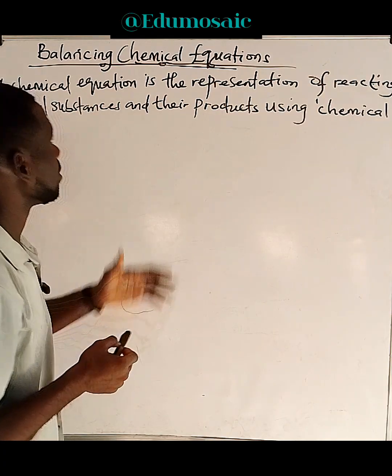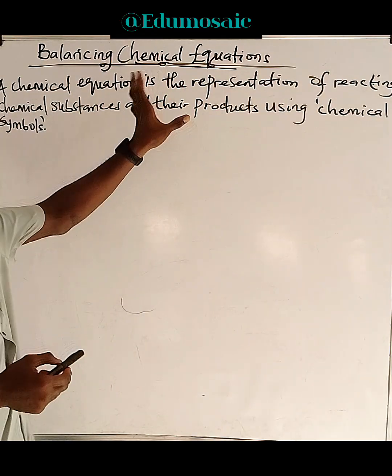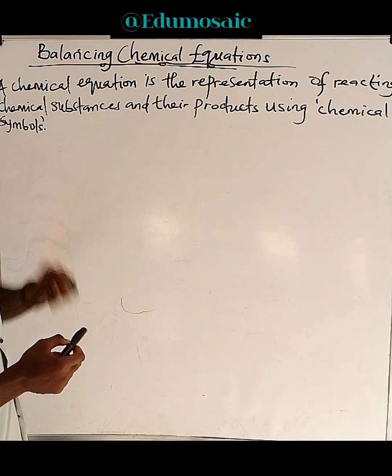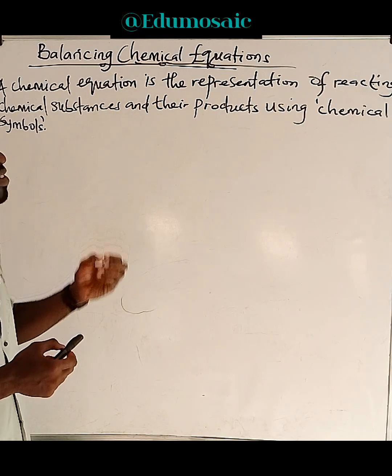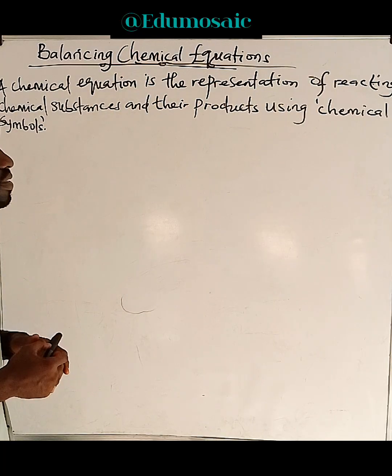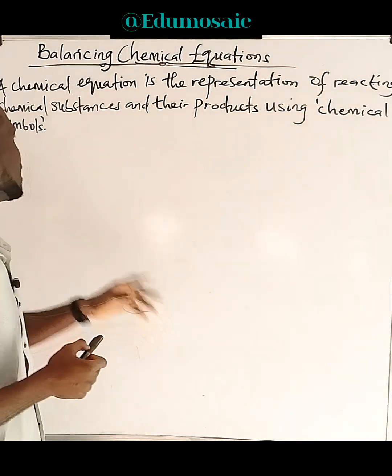So when we talk about a chemical equation, there's the first major keyword we are discussing. A chemical equation is simply the representation of reactant chemical substances and their product using chemical symbols.